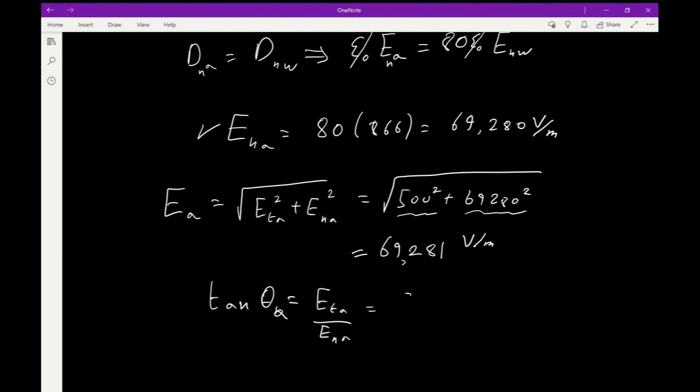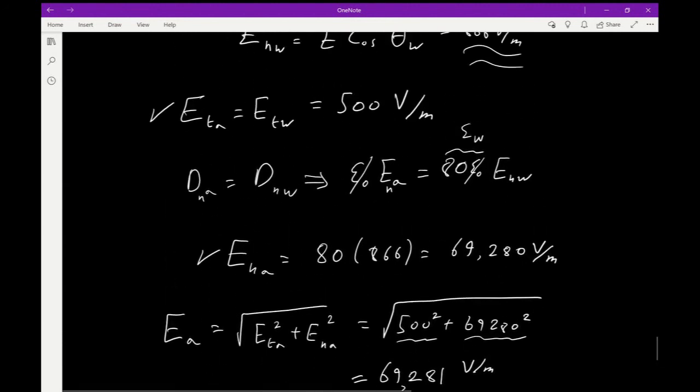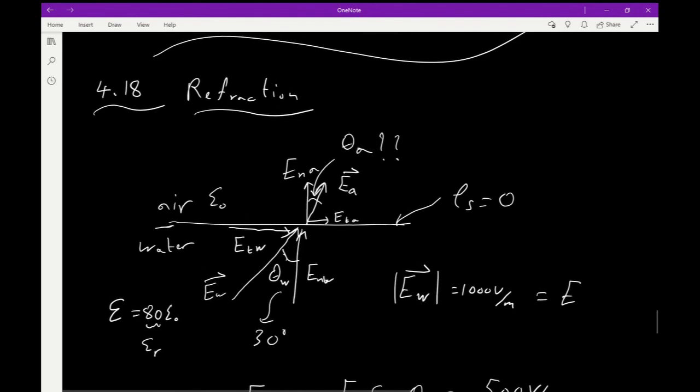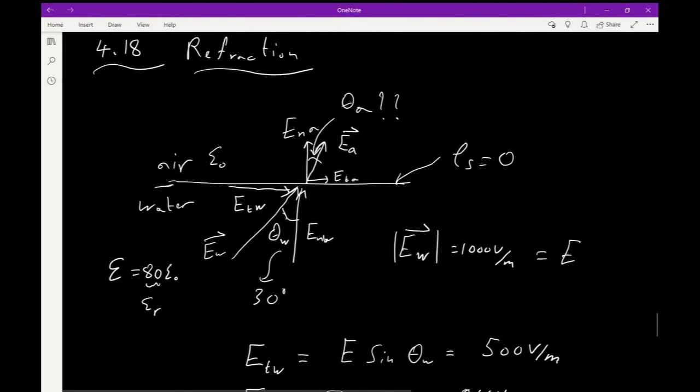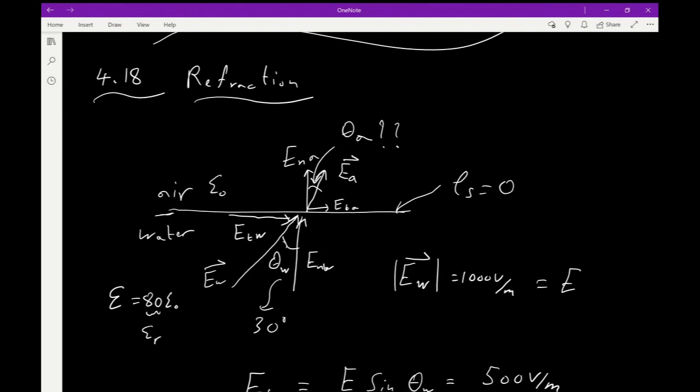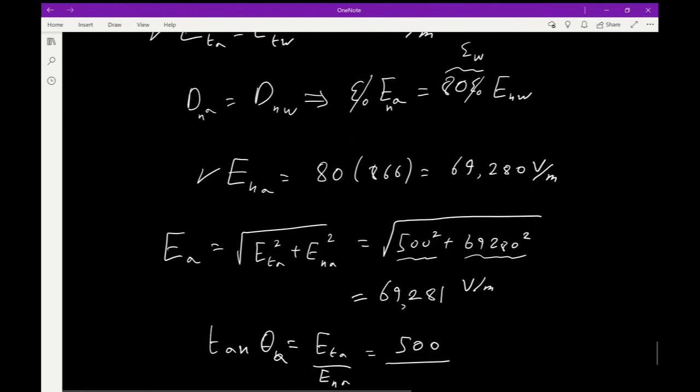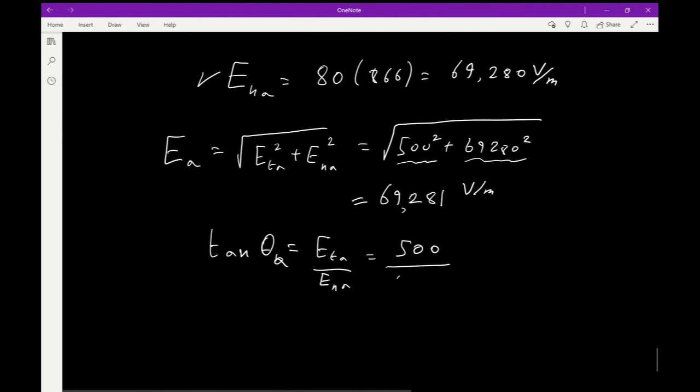That's going to be 500 over 69,280. There's a small error in the book. It says 69,281, which is incorrect.